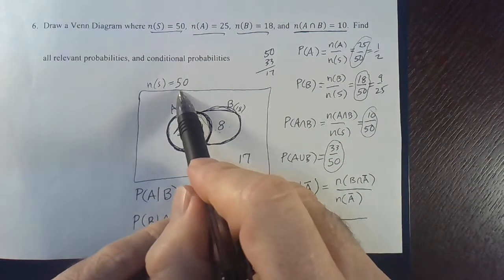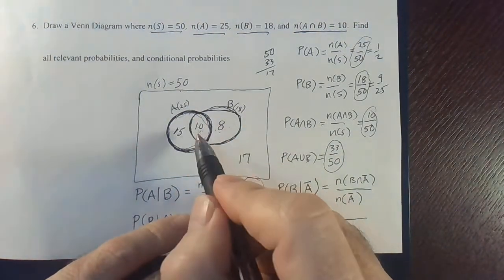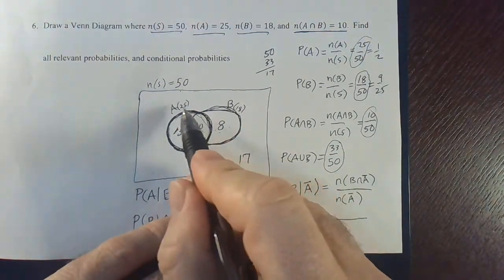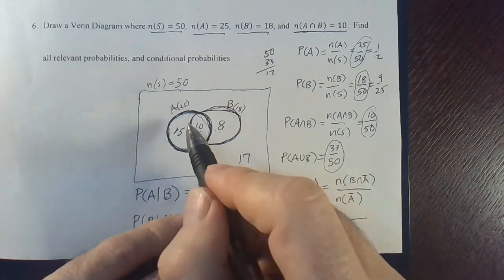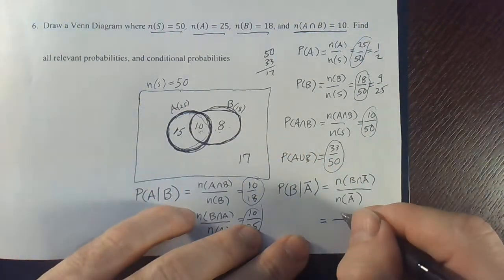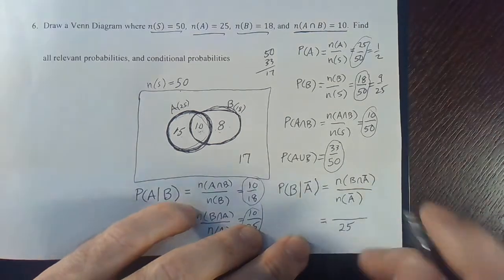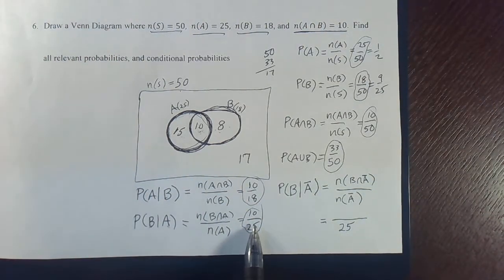Or you could have said, well, I have 50 total, and 25 of them are in A. So the other 25 are in A complement. So 25. And I probably should have changed those numbers because it's not normal that this 25 will be the same as this 25. But since there are 50 elements total, the number of elements in A is 25. If you're not in A, that means you're one of the other 25.